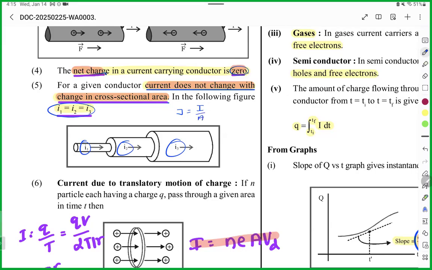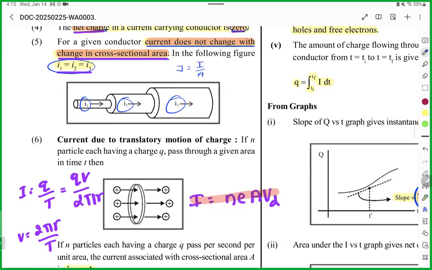Barinder, are you there? Barinder, Pratigya, both have. Jordan, you are there? Yes. So current will not change, but current density will. Why? Because current density depends upon area. Here area is changing. When you change area, current density will change, but current will remain the same.